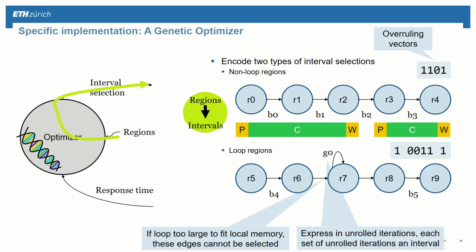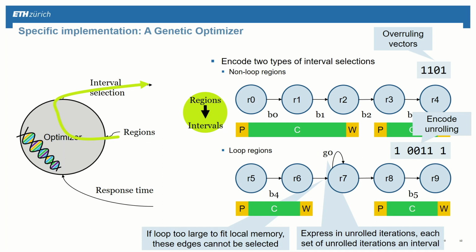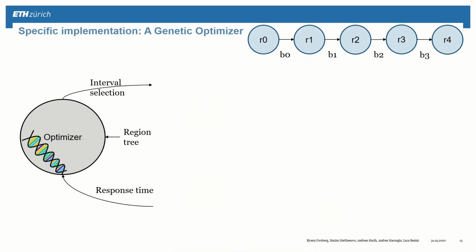This gives us a new encoding where the center bits here encode the unrolling. So having the first bit set to 1 means that we select R5 and R6 into an interval, and the last one corresponds to B5, same thing, and the 3 in the middle corresponds to G0, which is unrolled into 3 intervals.